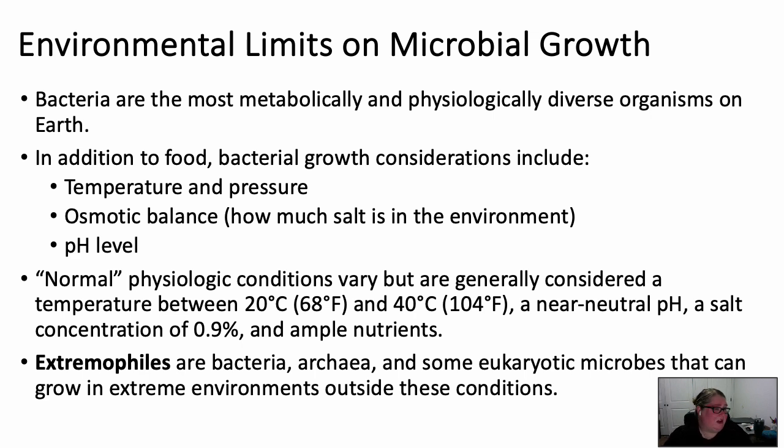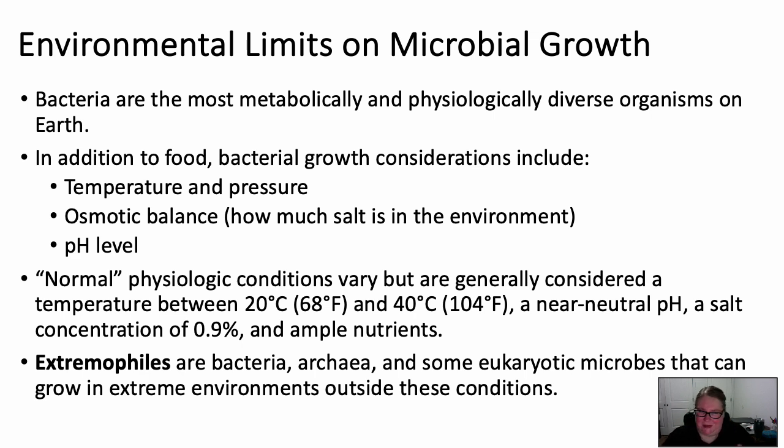And then finally, pH level. Okay, so this next part is kind of subjective. What really is normal anyway? For us, we define normal conditions as where we grow at. Okay, so normal conditions have a temperature between 20 degrees C and 40 degrees C. This is like 68 degrees Fahrenheit and 104 degrees Fahrenheit.